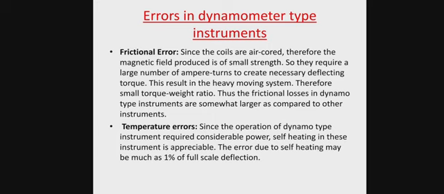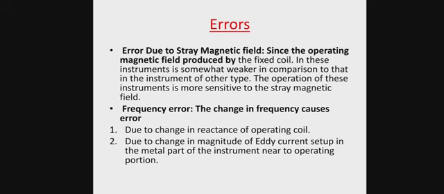Then the next error is temperature error. Since the operation of dynamometer type instruments requires considerable power, self-heating in these instruments is appreciable. The error due to self-heating may be as much as 1% of the full scale deflection. Next, error due to stray magnetic field.